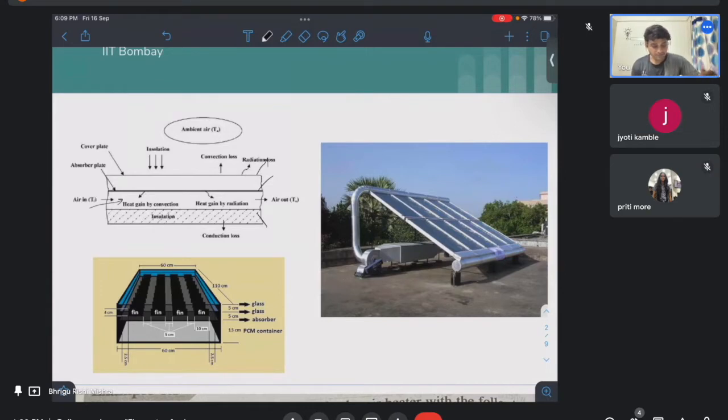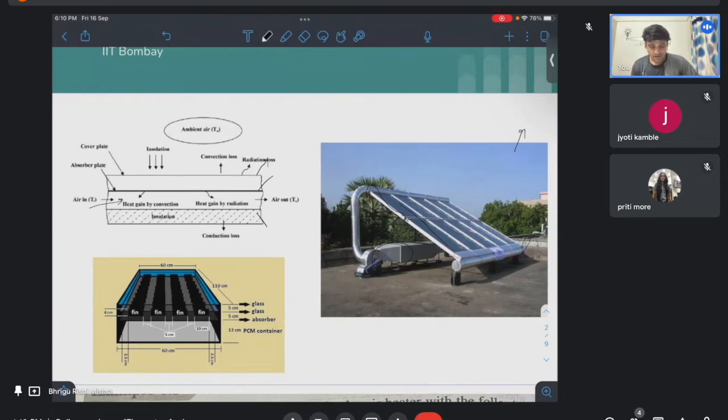This is a picture of an operational solar air heater. You can see the pump which blows the air into this solar air heater, and then it is collected somewhere here, I guess.